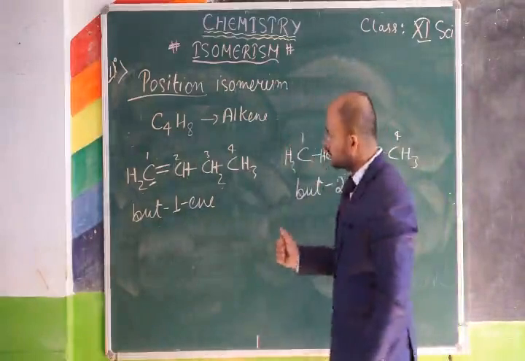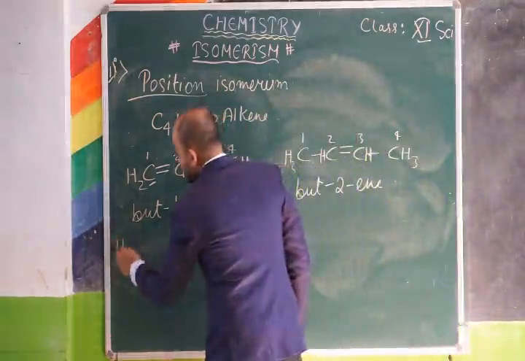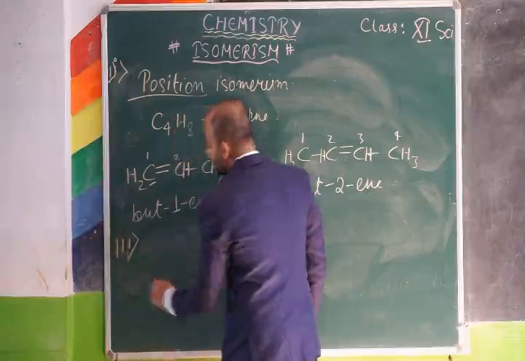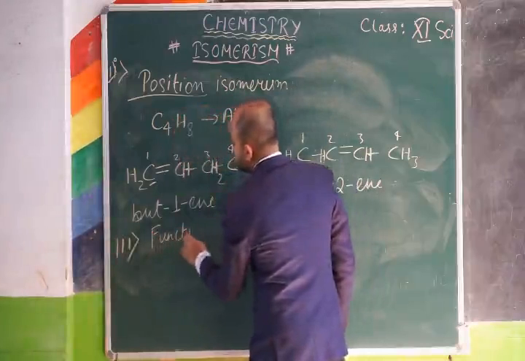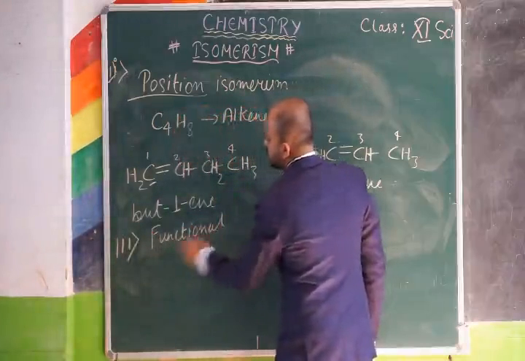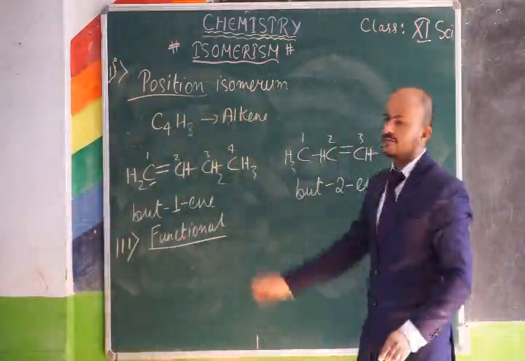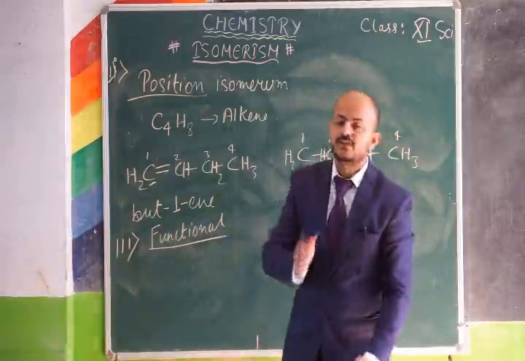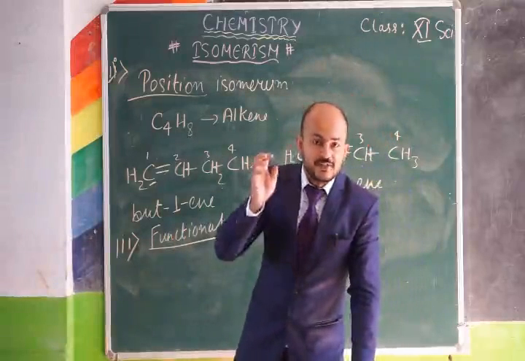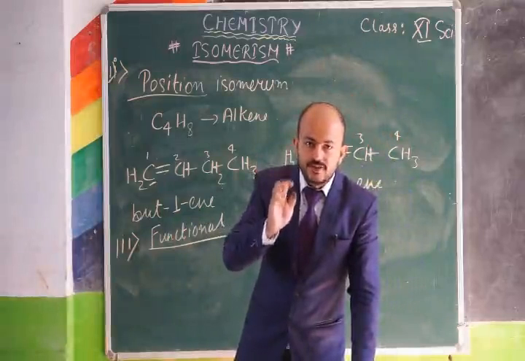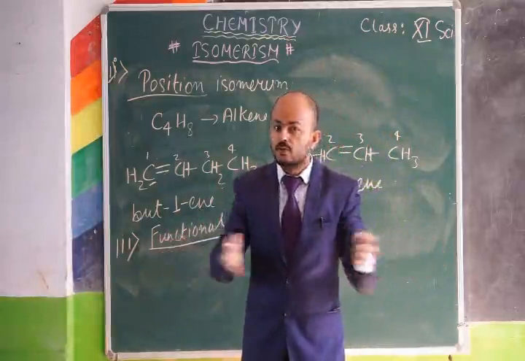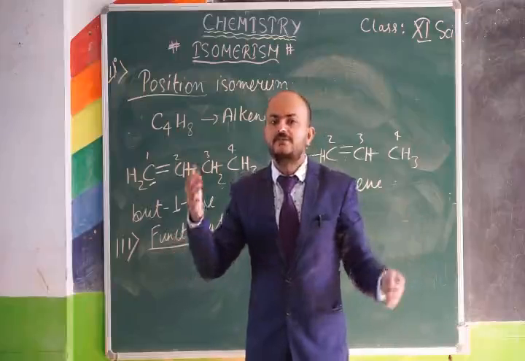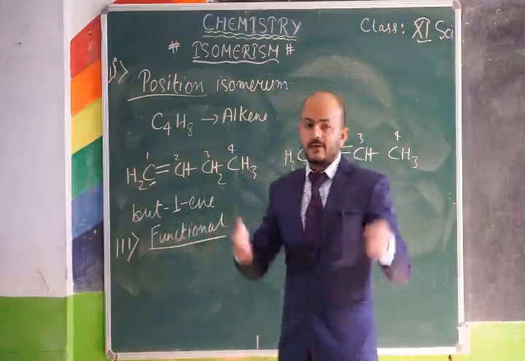Now let's discuss the next type of isomerism. That is functional isomerism. Now, in functional isomerism, with the same molecular formula, we can have two different compounds with different functional groups.